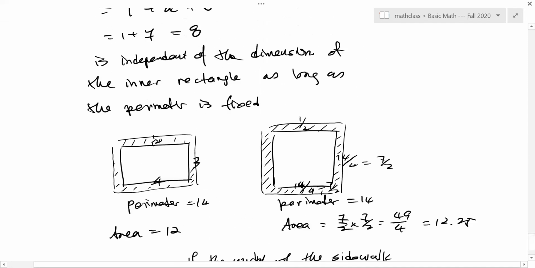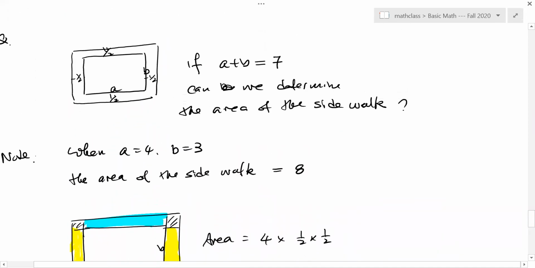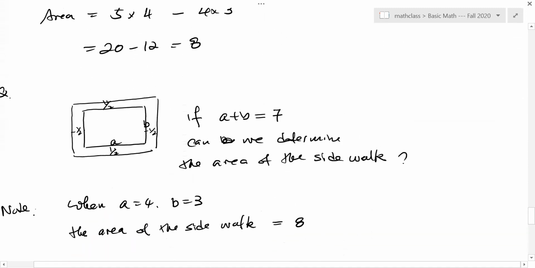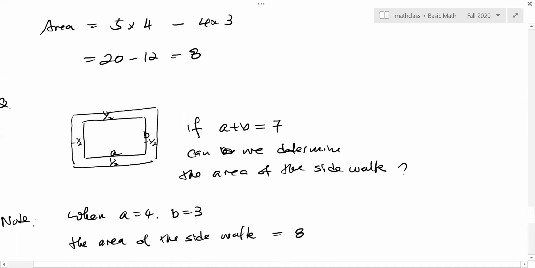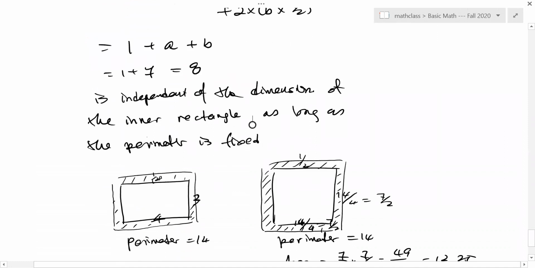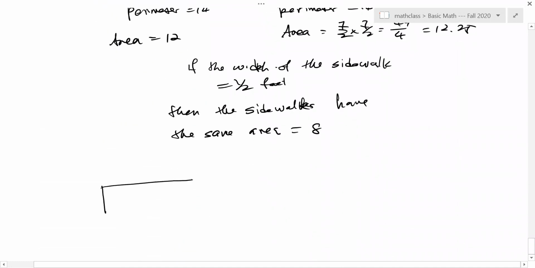When you do the homework, you should look at 2 examples that both have the same perimeter. In the first problem, one side is 3, the other side is 4, and you end up with the area of the sidewalk being 8. Then another one you can look at is 2 and 5. The perimeter is still 14.